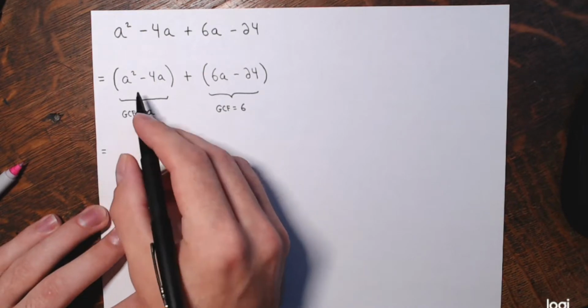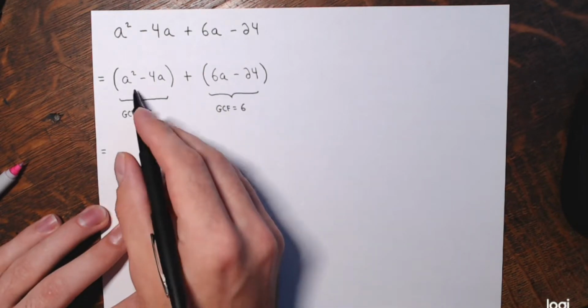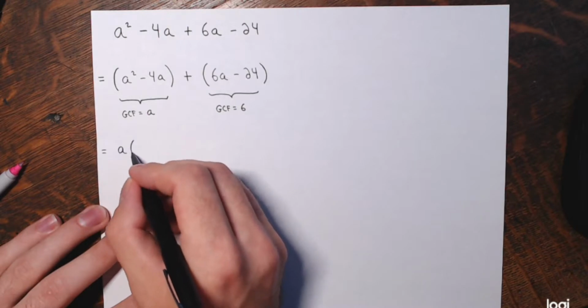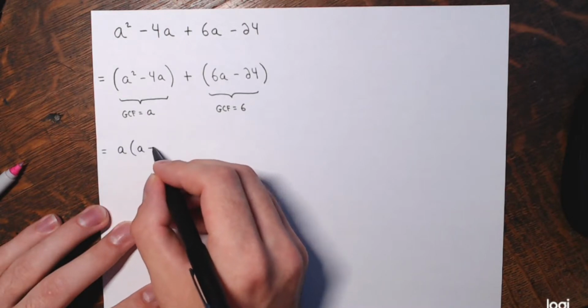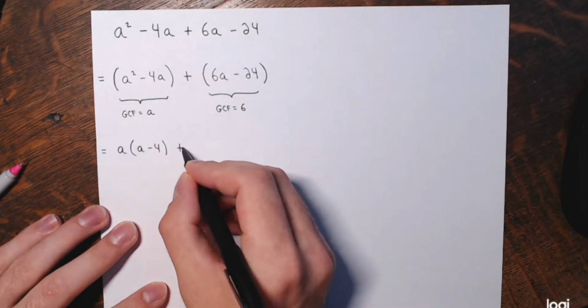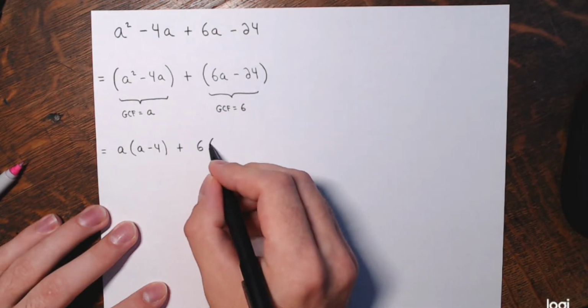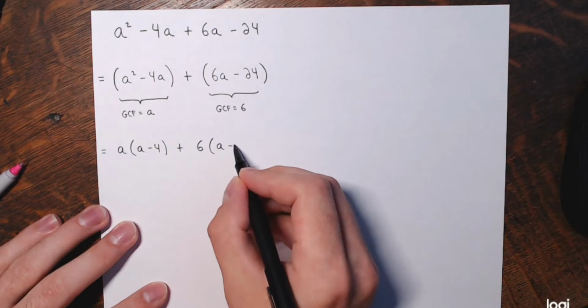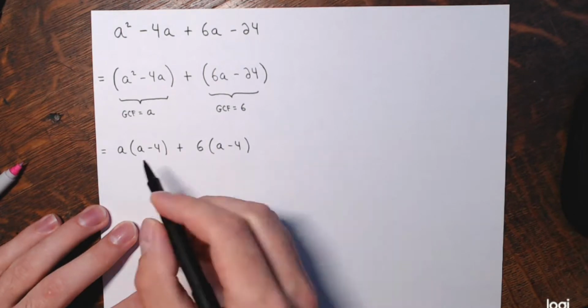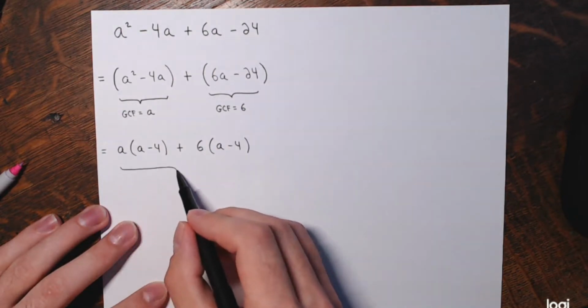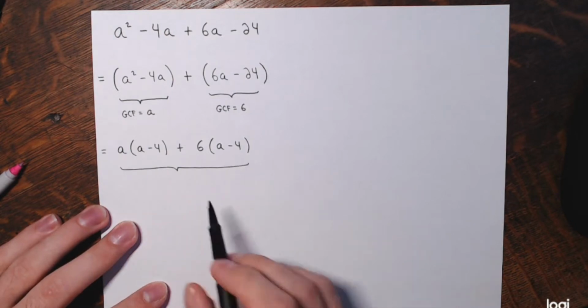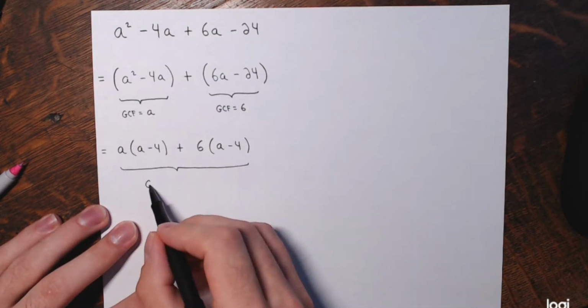So factoring each group gives me the following. The first group factors to a times the quantity a minus 4, plus, and then the second group factors to 6 times the quantity a minus 4. And now that I've factored each group, when you look at the whole expression, both of these products have a common factor of a minus 4.